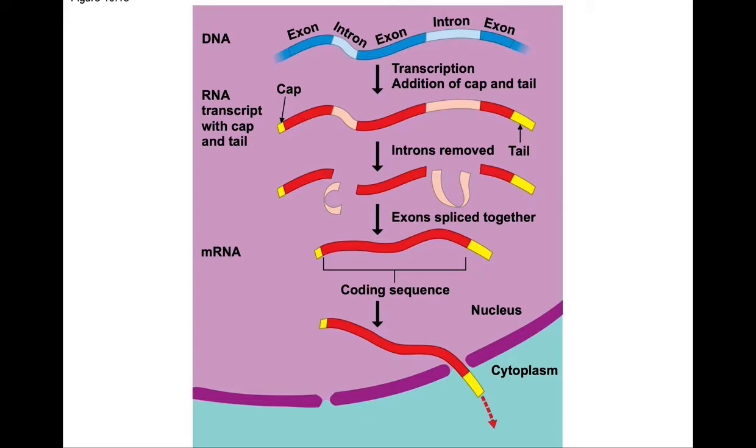Textbooks often call this RNA splicing. So in RNA splicing, we remove the introns as trash and splice the exons back together. Again, notice it's occurring in the nucleus, and it's part of transcription.